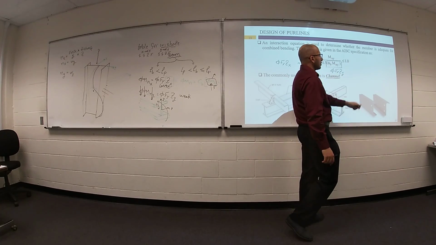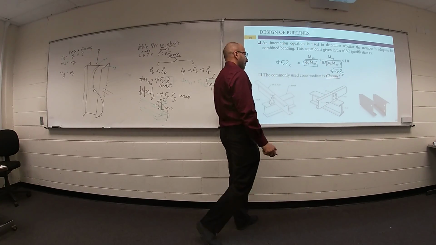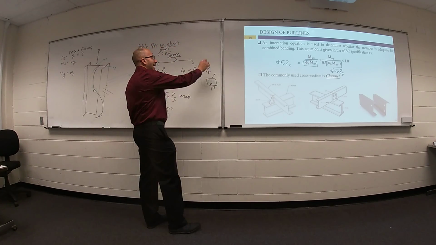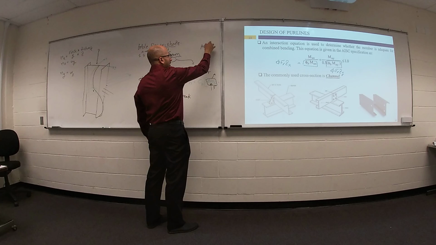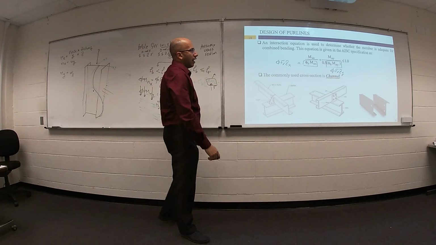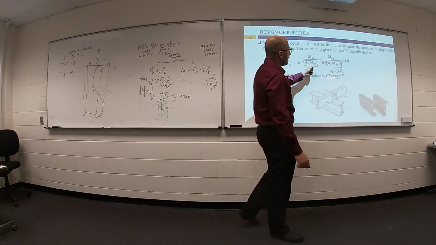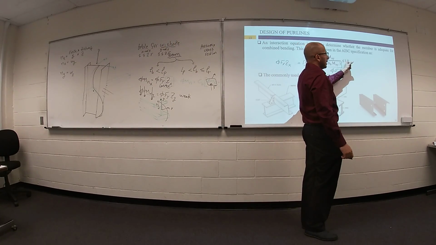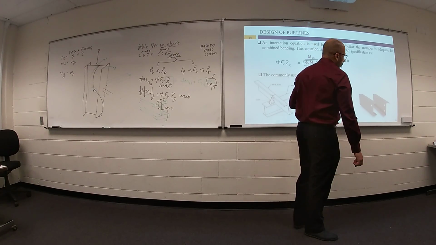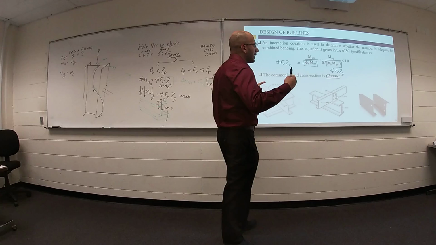All of them must be smaller than or equal to 1. So the best scenario: assume a cross section, do your calculation, apply your interaction equation, and it must be valid, smaller than or equal to 1. If this value is greater than 1, your cross section is unsafe. You need to increase it.